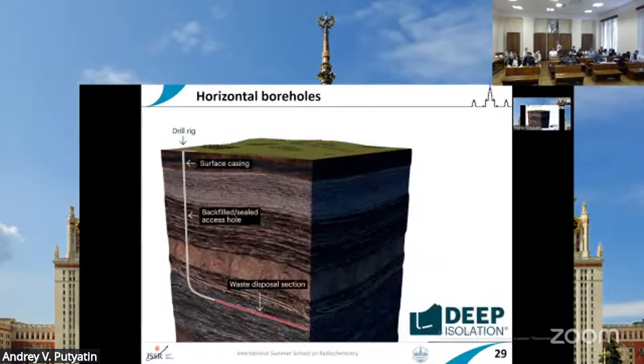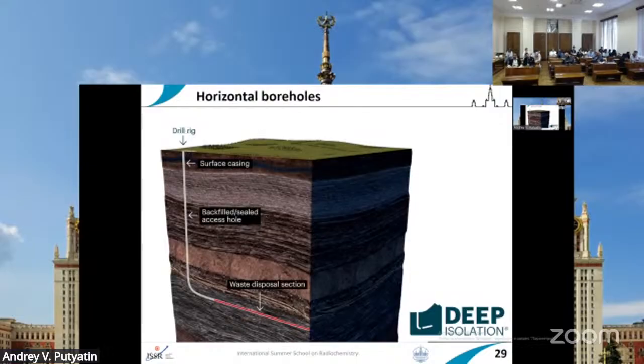Another example is from the US company called Deep Isolation. It is, I would say, a combination of deep boreholes and the conventional depth for the spent nuclear fuel and high-level waste. You already saw that for deep geological disposal, a depth of 400, 500 meters is enough, so it is acceptable to all the experts.